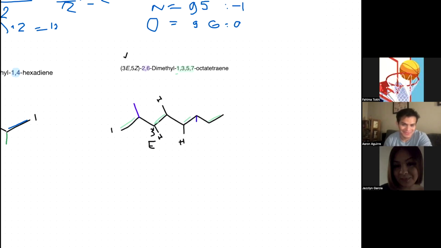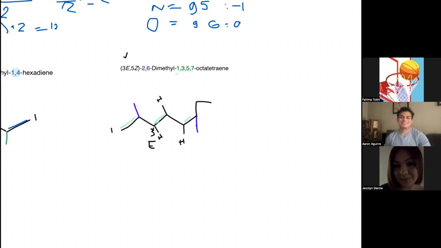Whoops, that's not a methyl. I would just make the methyl point down. And then I'm going to redraw this because it's kind of ugly now. I'm going to redraw it. Nice and pretty.